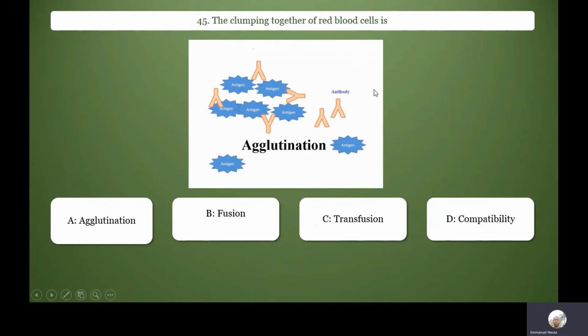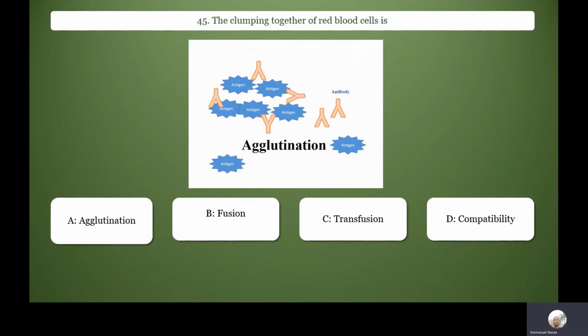The clumping together of red blood cells is called agglutination. It can occur if antibodies attack antigens. For instance, if somebody with blood group A donates blood to blood group B, of course, the 2 blood groups are not compatible.